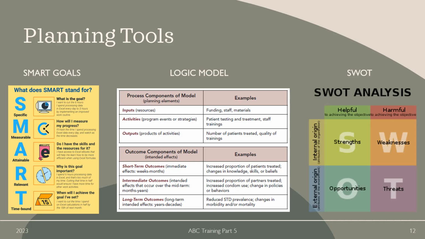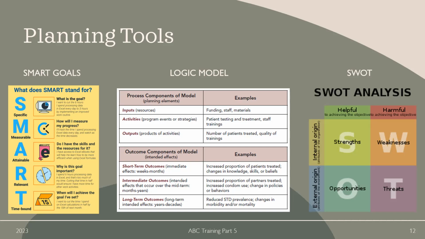Here we have an example, and I do STI testing and treatment in my clinic. This is why I've used this logic model sample before. Examples of inputs might be your funding, staff, materials. For activities, an example might be patient testing and treatment, staff training.